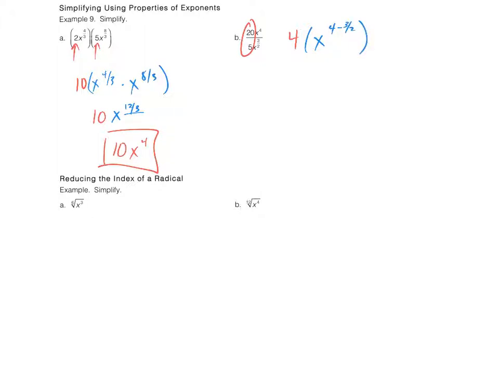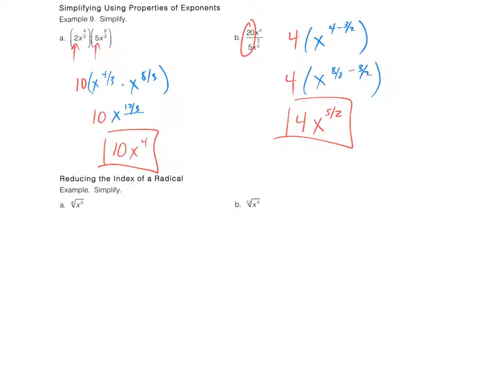The 4 is going to stay in my problem, and I have x, and 4 is the same as 8/2, minus 3 halves, so I have like denominators. And so my final answer is going to be 4, and then x to the 8 minus 3 is 5 halves, which I could also write in radical form, but in this case I'm going to leave it like that.